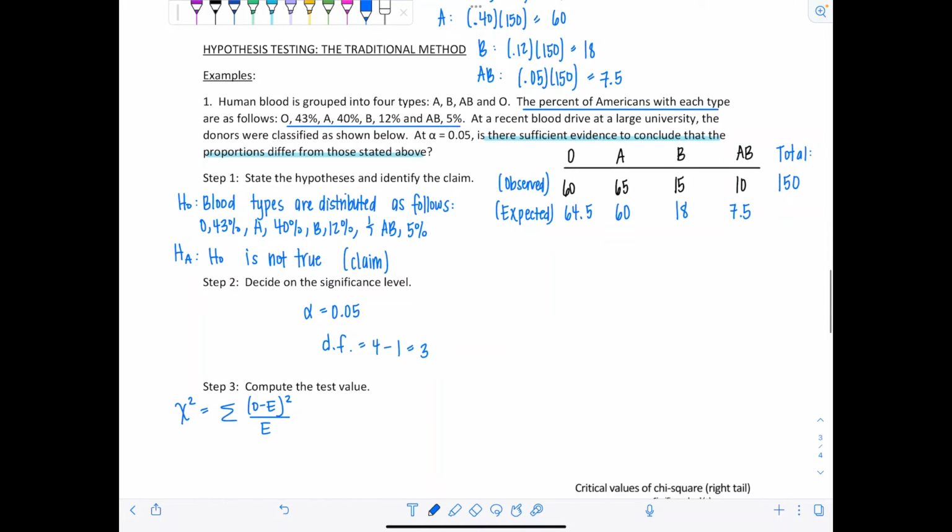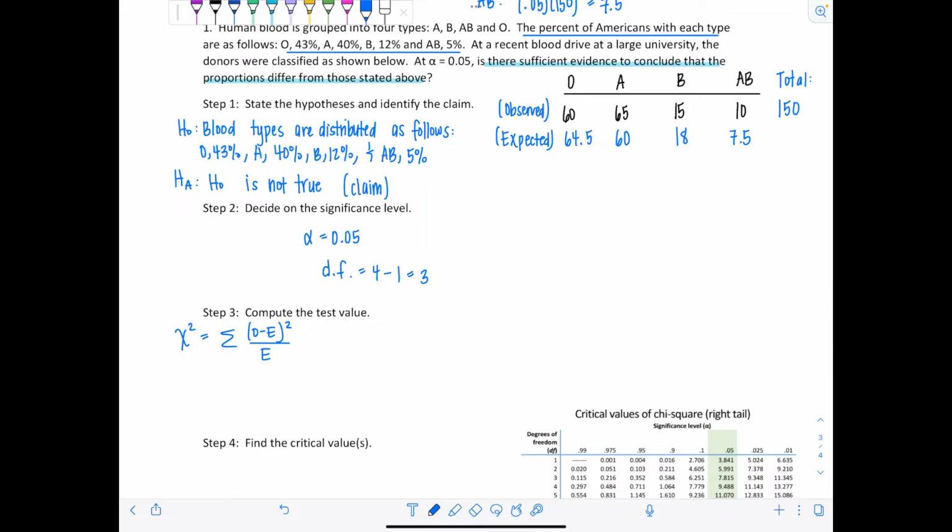So now let's compute the test value. We're going to have 4 terms added together. For type O, observed is 60 minus expected 64.5, that's going to get squared, and then you divide by expected 64.5. And then continue. Plus, why plus? Because of this sigma.